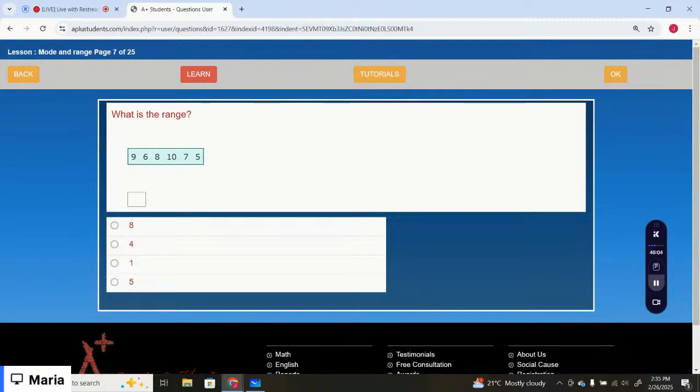The range is that is 10 minus 5. The correct option is 5.